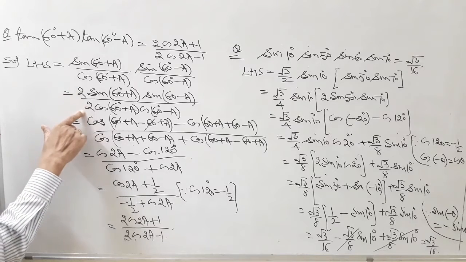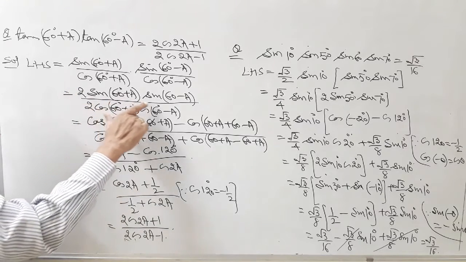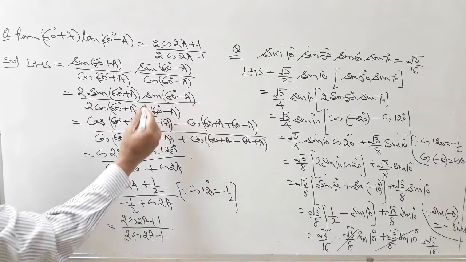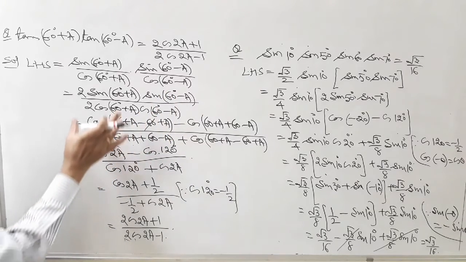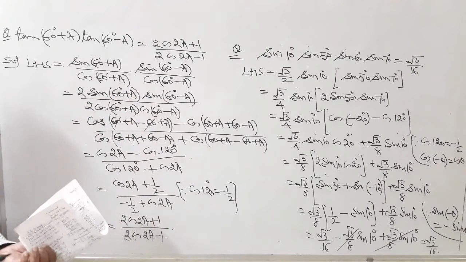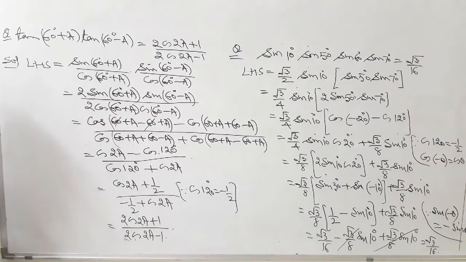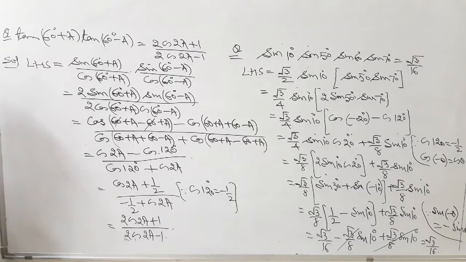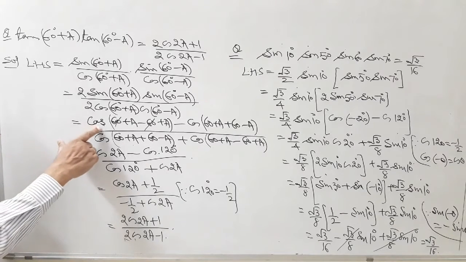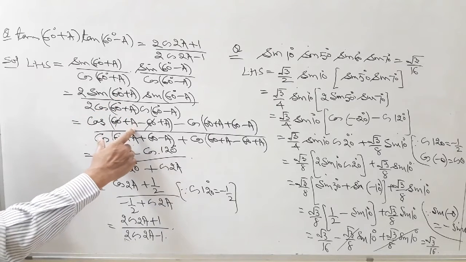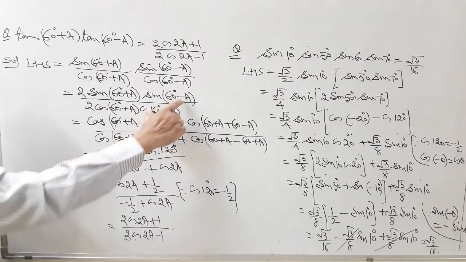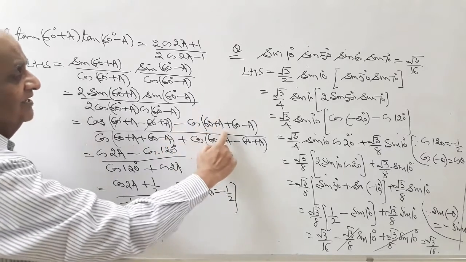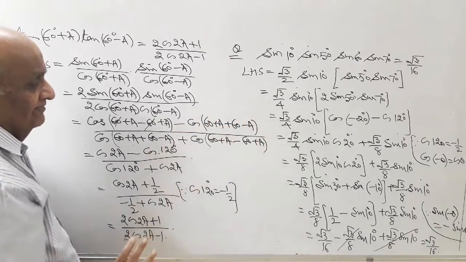Now as I have to apply the A B formula here, I will have to balance by 2. Divide and multiply by 2. 2 sine(60 plus A) sine(60 minus A) upon this. Now it is 2 sine A sine B, the fourth formula: cos(A minus B) minus cos(A plus B). So it is cos(60 plus A minus 60 plus A) minus cos(60 plus A plus 60 minus A).